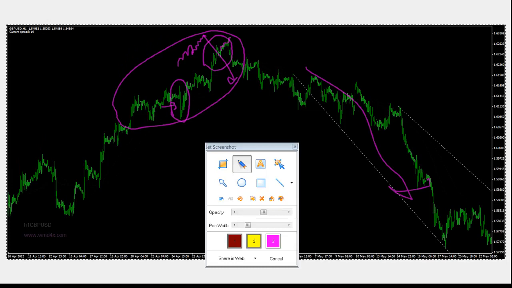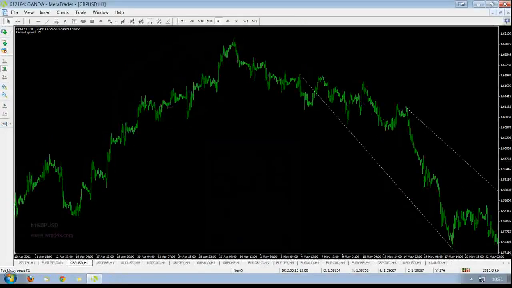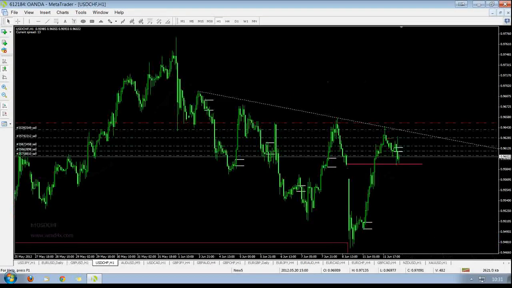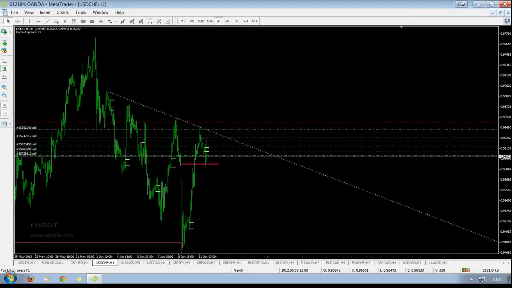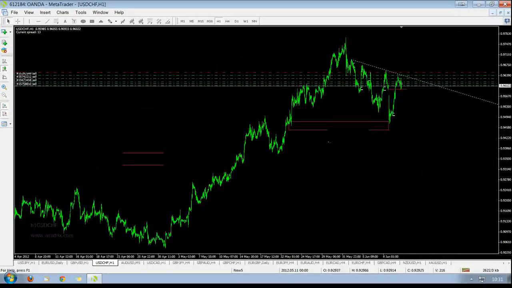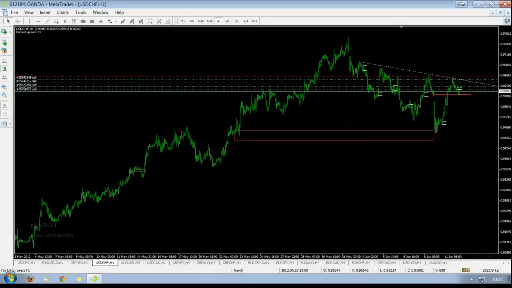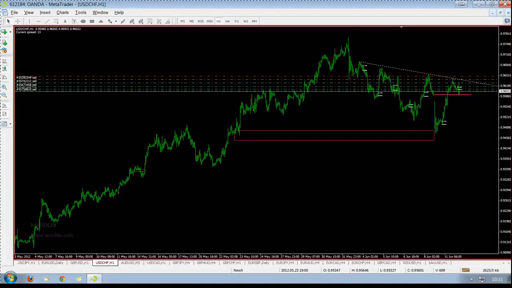So I was looking at dollar Swissy, and again, this is something which has been posted in the watch list, all right? But here's what I'm looking at, right? We'll see if we can identify this structure.